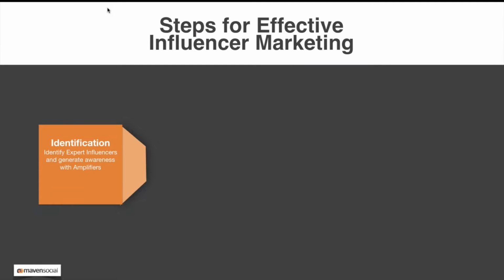So a couple steps we want to share through. In fact, there's 5 key steps in measuring effective influencer marketing. One is identification, which is identifying expert influencers and generating awareness with amplifiers. So we believe there's people that will write content, researchers. They may not have large social networks, but they understand the concept and the content.